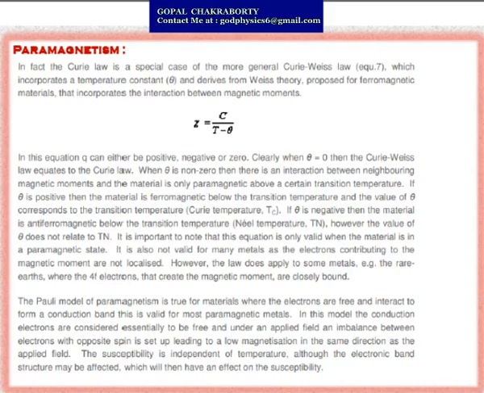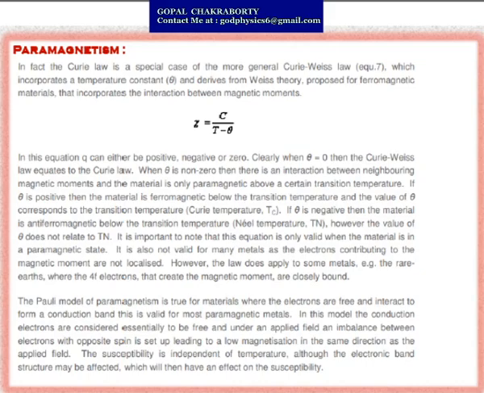However, the law does apply to some materials, for example, rare earth ions, where the 4f electrons that create the magnetic moments are closely bound.